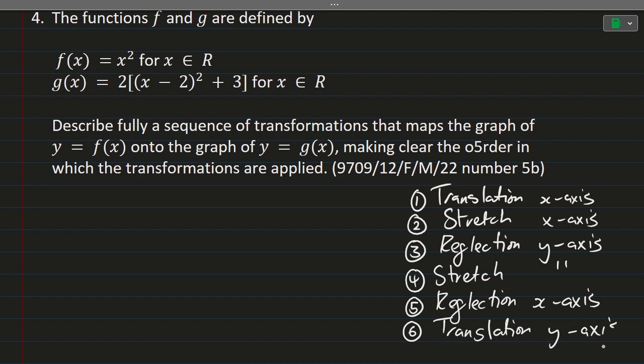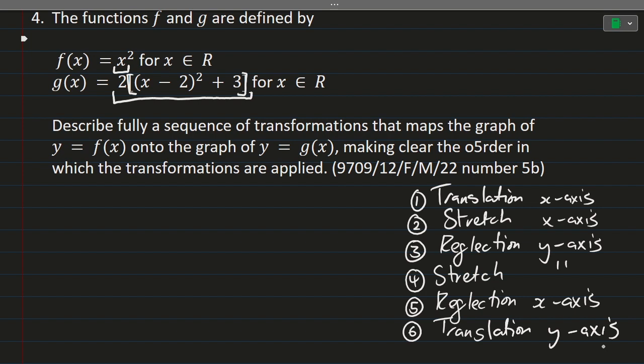Now if we look at f of x is x squared, then here g of x is 2(x minus 2) squared plus 3. So if we're to look at what's inside the square brackets first, we'll start by looking at that.